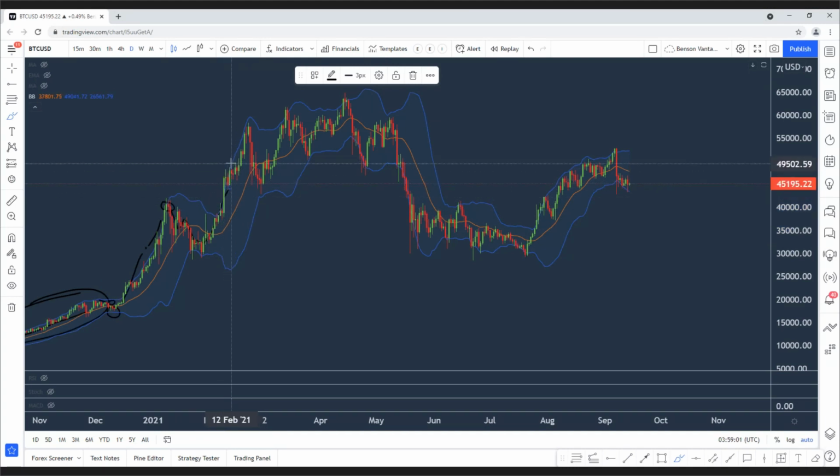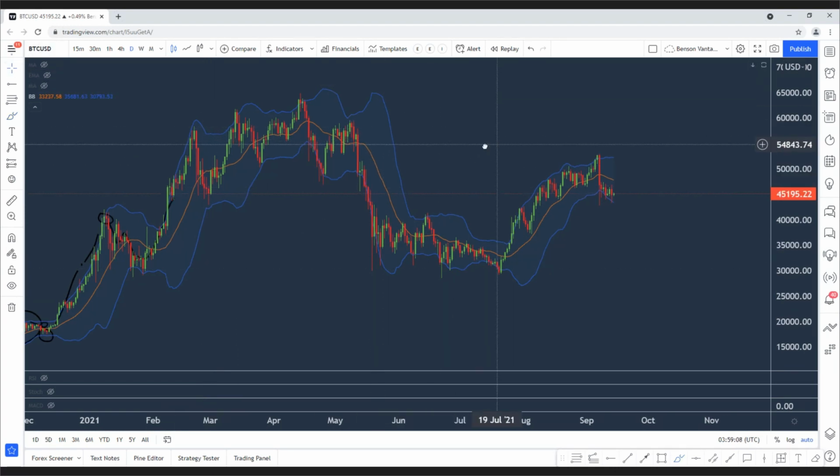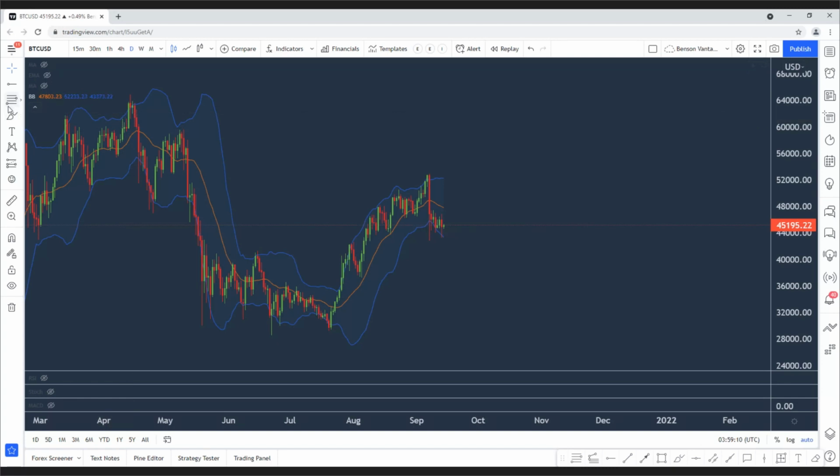So at the end of the day, even if we take a look at last week's Bitcoin crash, we can see over here just before the crash, there is a green candle that closed above the upper Bollinger Band. The upper Bollinger Band, as we all know, provides sort of the maximum price it can go above before hitting resistance.